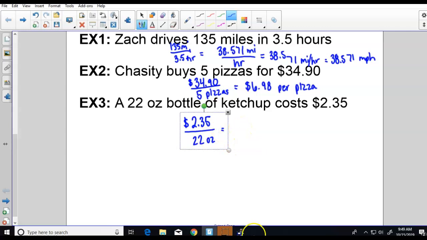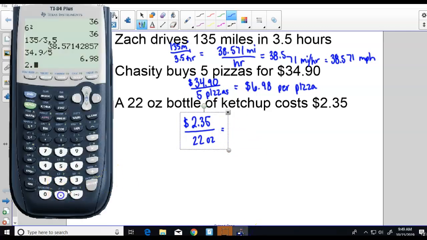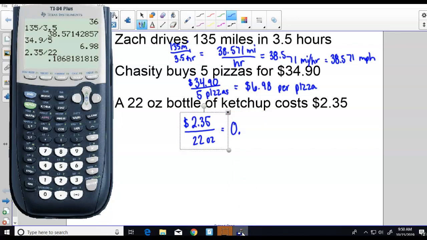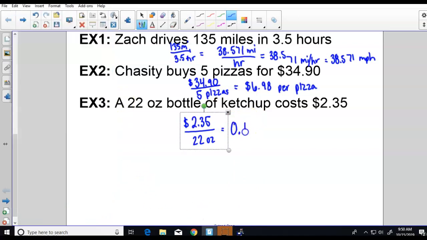Okay, and so 2.35 divided by 22 is going to give us 0.107 if we round to 3 places. That's $0.107 per ounce.